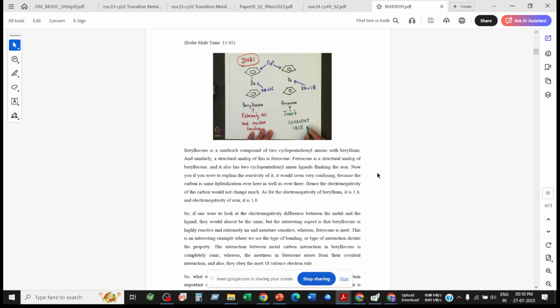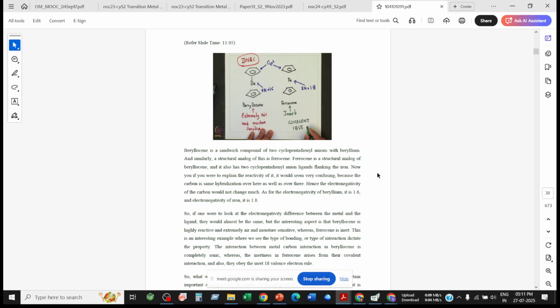If you consider the two ligands, both are cyclopentadienyl, and they will not have that much difference in electronegativity. When you are considering the metal center, beryllium and iron, 1.6 and 1.8, there is also not very much differential electronegativity. So what is the difference between these two complexes?